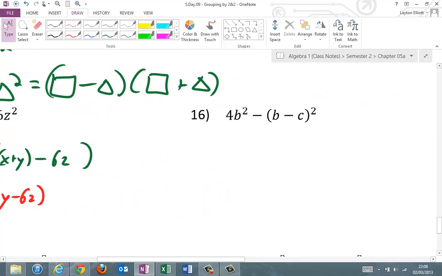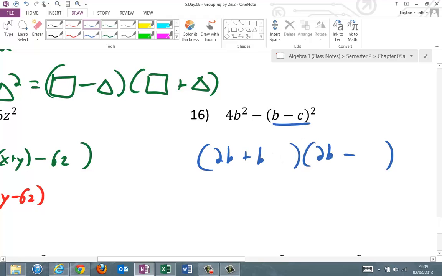Number 16. This is where it's really important with this difference of two squares to use giant parentheses, because otherwise we're going to mess some signs up. If I do my plus minus, and then I look at what the first one is, the square root of 4b squared is 2b, and this is 2b. And this group will just be a b minus c in parentheses, and this is a b minus c in parentheses.